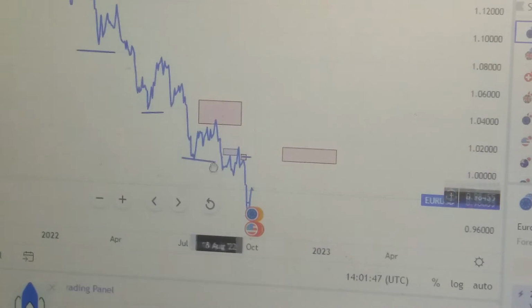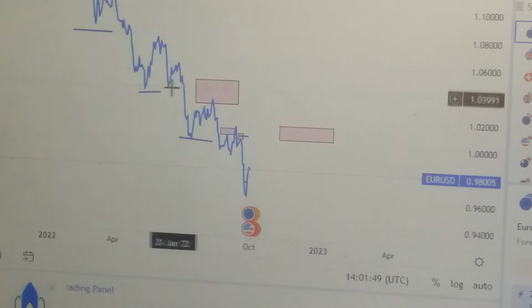So we want to look out for this move. When the market has broken this structure, we want to know that it's a good time and a good opportunity for a sell. When you are waiting for a trade and you see the market has broken this structure, we want to be patient. We are not in a hurry.